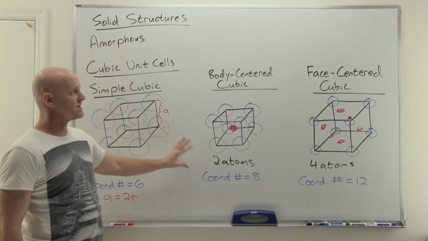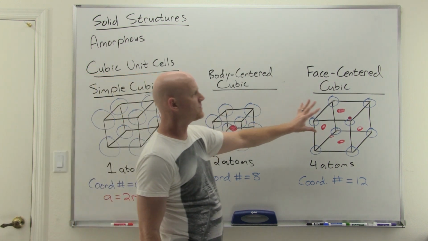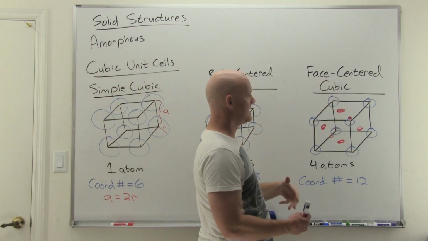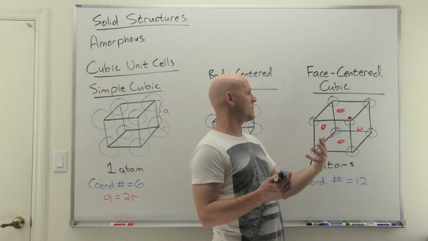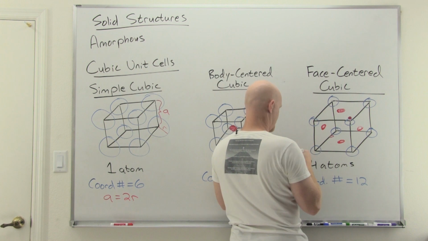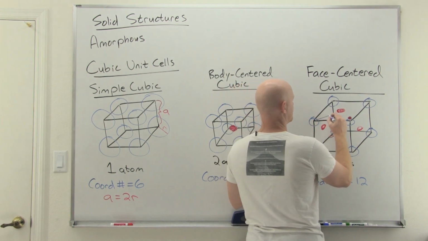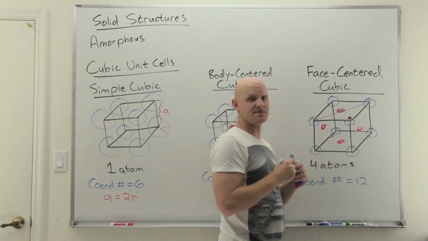Okay, the hardest one to see is the relationship for the body-centered cubic, so we're going to deal with it last. The next one we'll look at is the face-centered cubic. If you're trying to figure out where the atoms are touching, it turns out they're touching right across the diagonal of one of the faces.